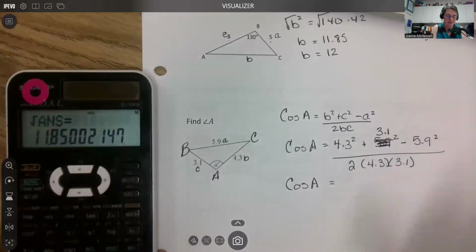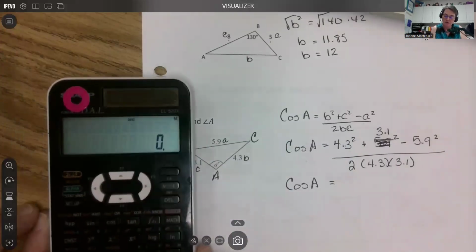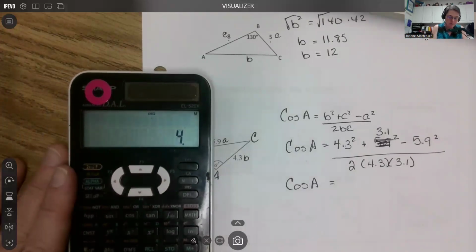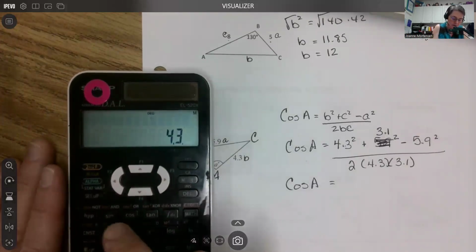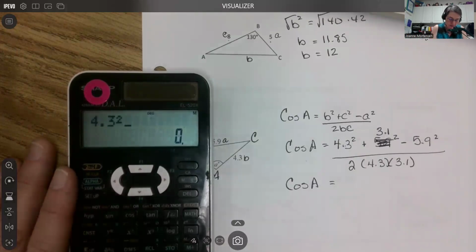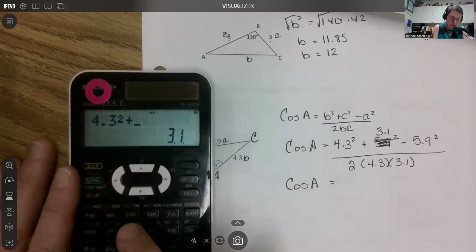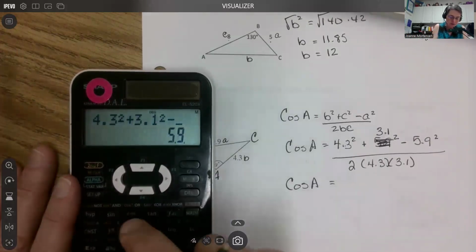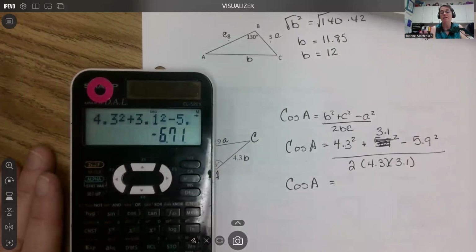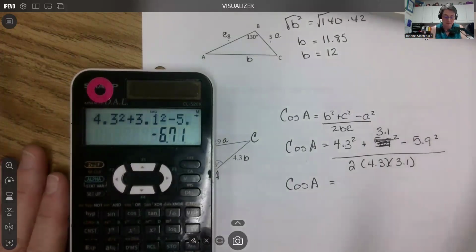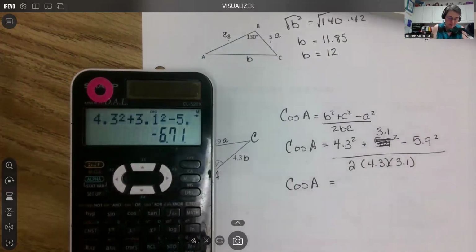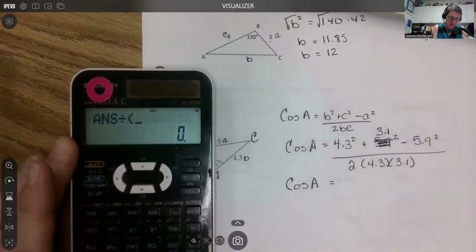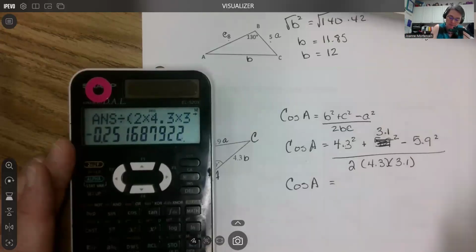Let's get organized. 4.3 squared plus 3.1 squared minus 5.9 squared equals, now I'm not going to freak out because that's negative. I think we're okay. Divide by bracket, 2 times 4.3 times 3.1, close my brackets, equals.